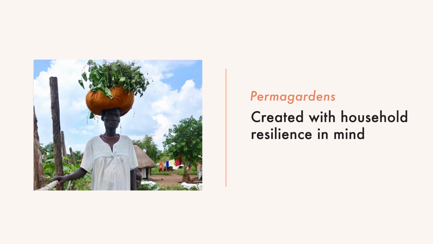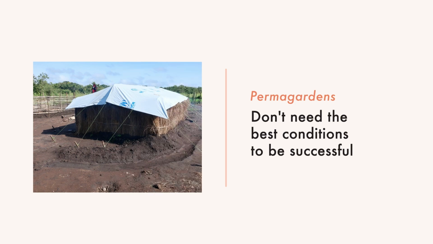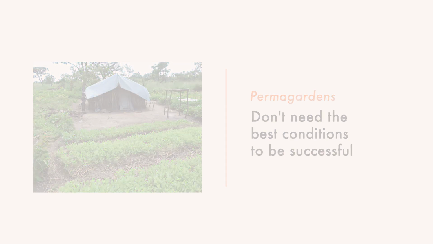Permagardens that meet the minimum standards are intentionally designed to provide for households when times are tough. They don't need the best conditions to be successful, such as where there is abundant rain, rich soils, and easy access to high-quality garden inputs.